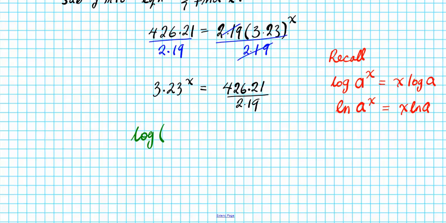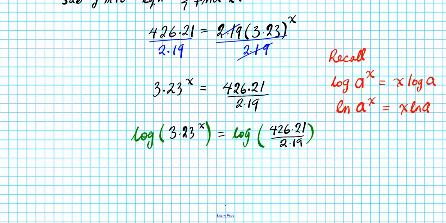Okay, so log of 3.23 raised to the x power is equal to log of this entire argument right here, 426.21 over 2.19.